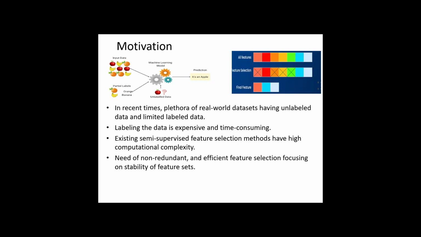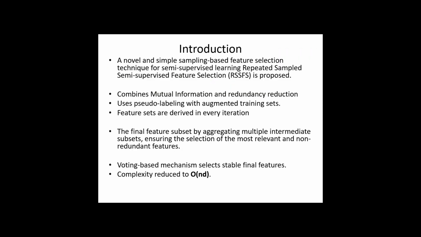Apart from the semi-supervised version of feature selection, here we brought out the concept of repeated sample semi-supervised feature selection, that is RSSFS, and this concept uses a combination of mutual information and pseudo labeling.